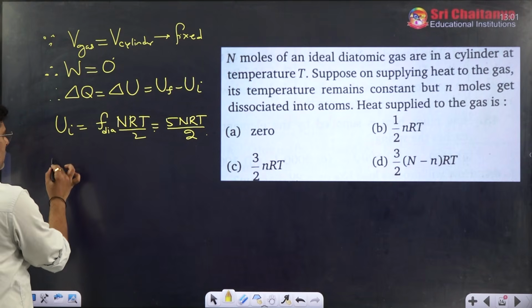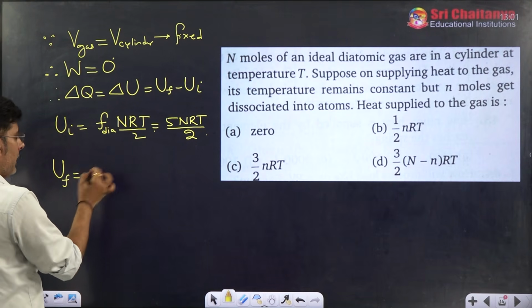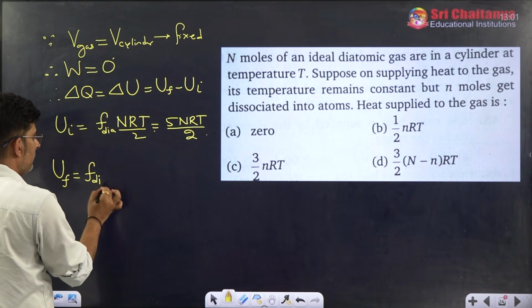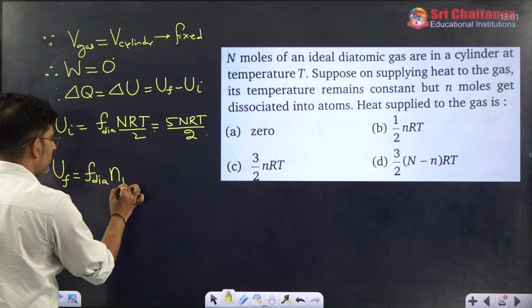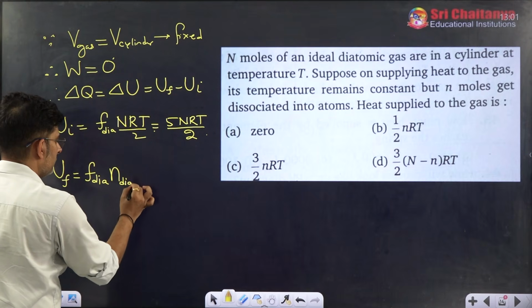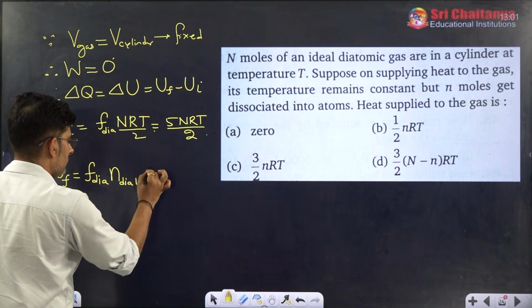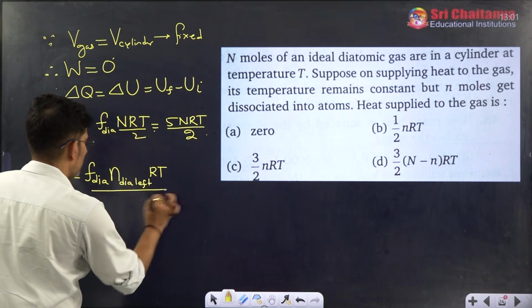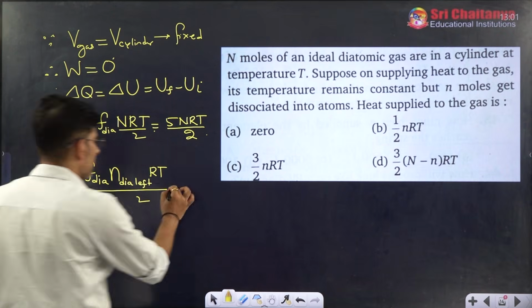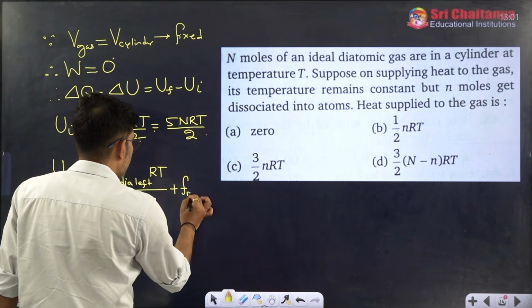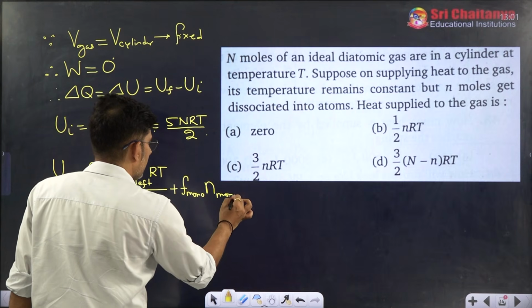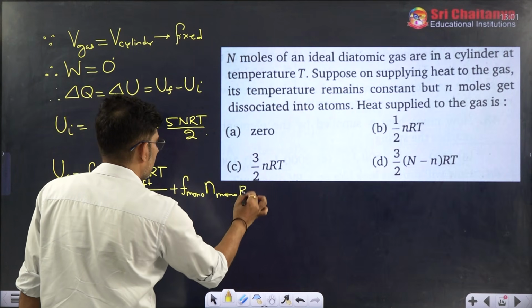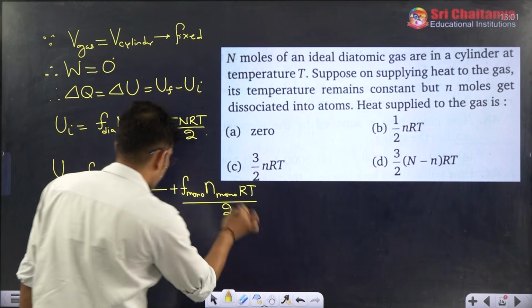Now finally, U final: you have some diatomic gas left, number of moles of diatomic left, into F by 2 RT, total internal energy to be added, and whatever monoatomic is formed, number of moles of monoatomic atoms into F by 2 RT.